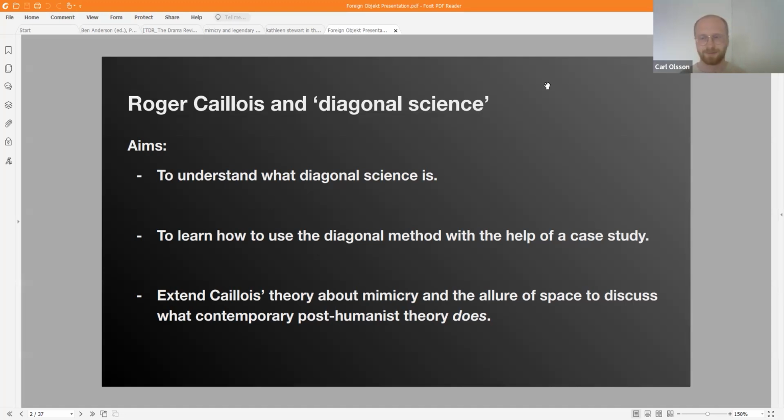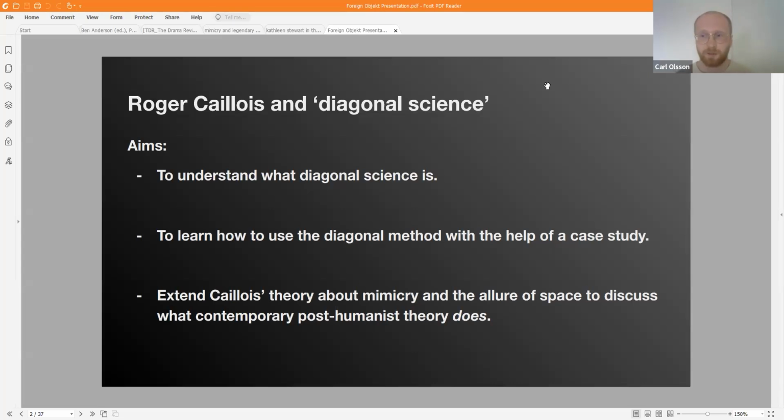It's wild. It's from the 1930s, if I remember correctly, and we're going to work our way through that and read it critically in order to see if we can take some of its conclusions and ideas to rework them and extend them using this diagonal method.